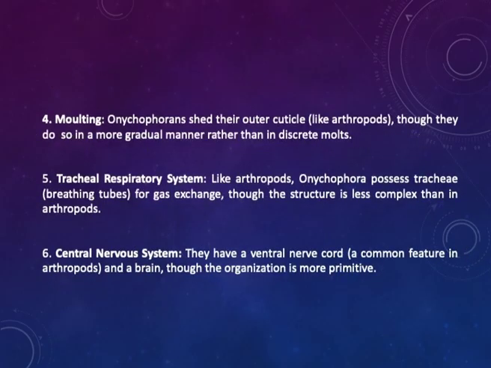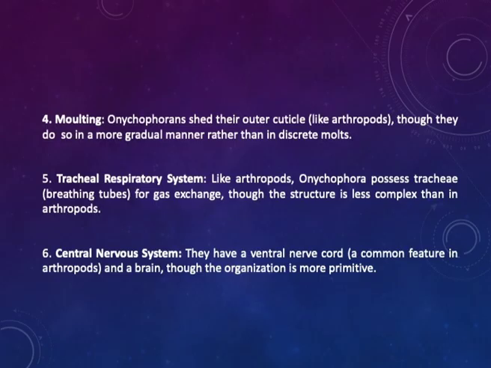Now coming to molting. Onychophorans shed their outer cuticle like arthropods, though they do so in a more gradual manner rather than in discrete molts. And a tracheal respiratory system is present in Onychophorans like Arthropoda.